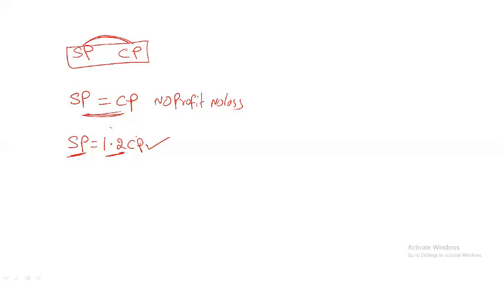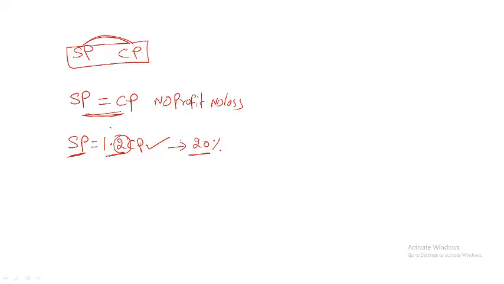Here I can surely say that selling price is higher than cost price. Always remember, if selling price is higher than cost price, for sure I will get profit. And how much profit I will get is very simple. After the decimal, what value can you observe? After the decimal you can observe 2, correct? So in this case my profit is 20%. That's it.